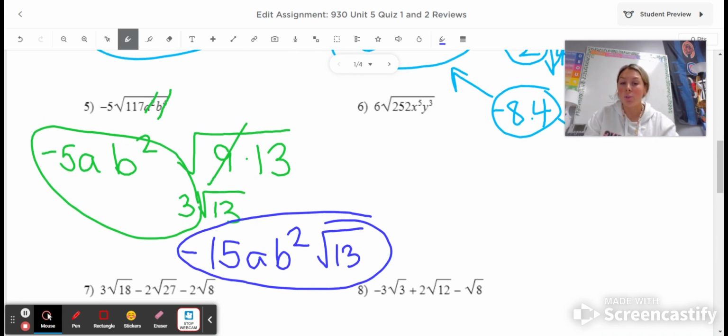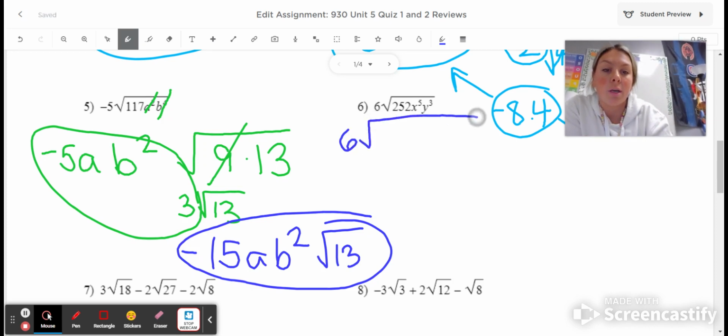252 is a large one, but I think I can divide it by, let's try 36. 252 divided by 36. Oh, perfect. All right, 252 divided by 36 gives me 7.